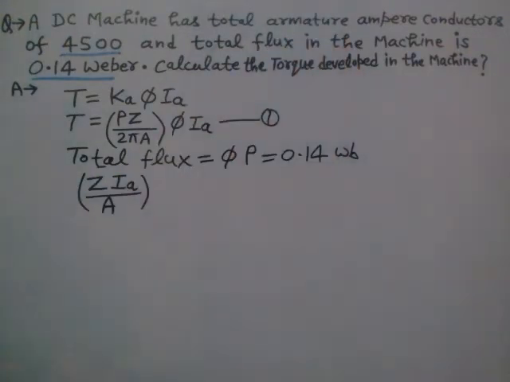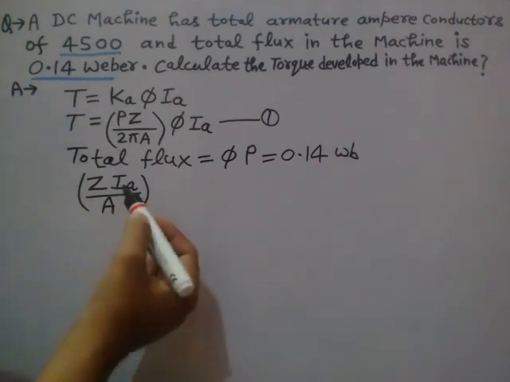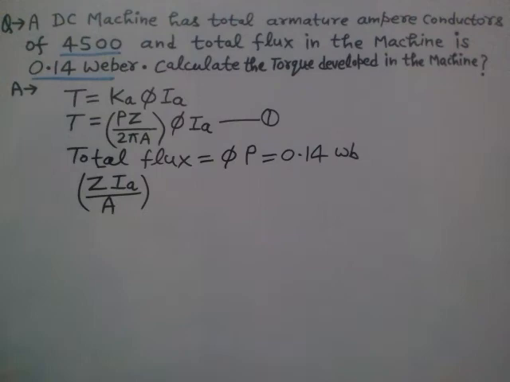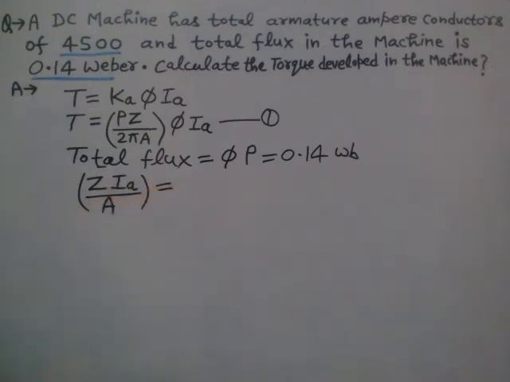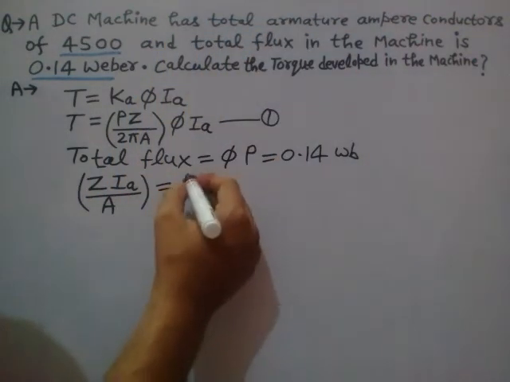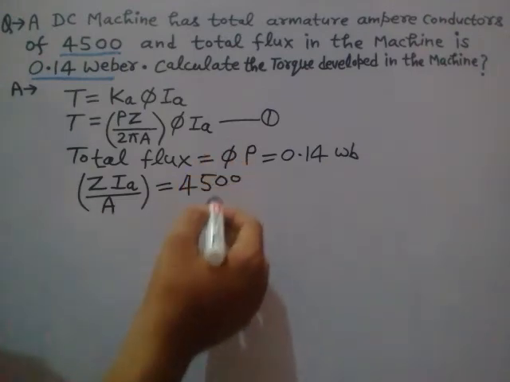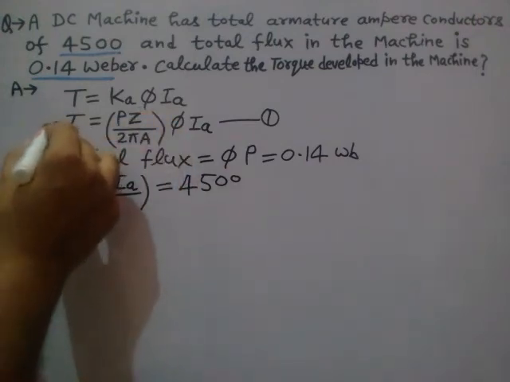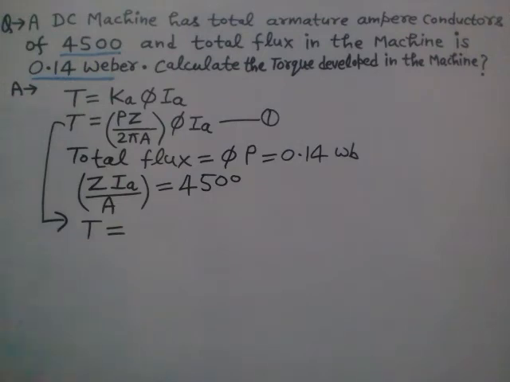So the total armature ampere conductor will become Z times Ia by A. So here you have to take Ia by A, not simply Ia. So Z Ia by A is basically the total armature ampere conductor and this is given as 4500. Now you put these two data into equation number 1 and you can calculate the torque developed.